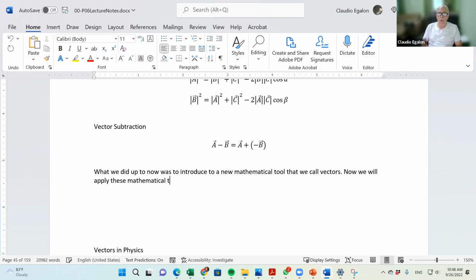mathematical tool, not these, but this mathematical tool, to actual physical circumstances, right? To actual physical problems.